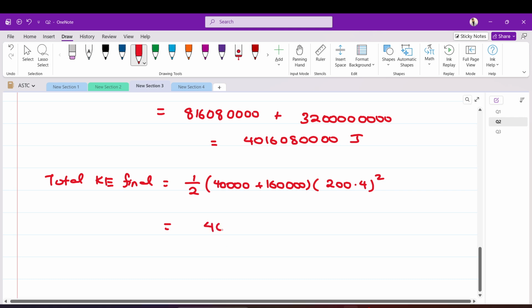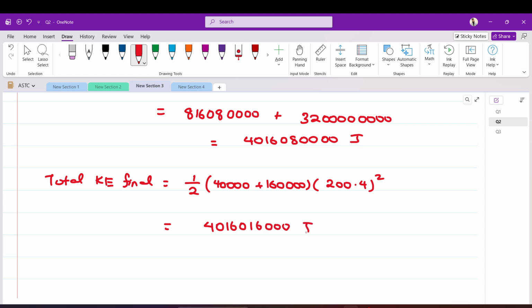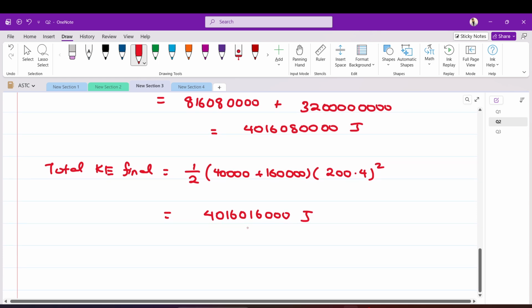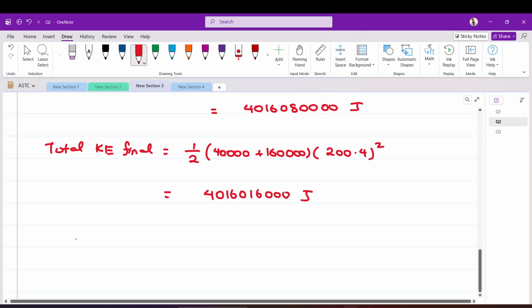This turns out to be 4016016000. The reason why I did not write them in standard form is that if I had rounded them off, I would lose the exact value. So in some cases it is better to work with them as they are, and later on you can write your final answer in standard form.